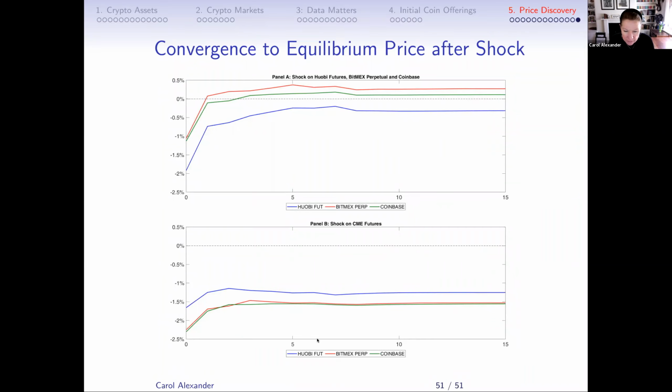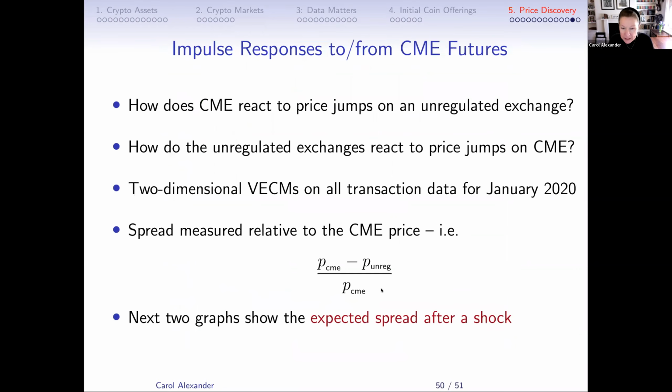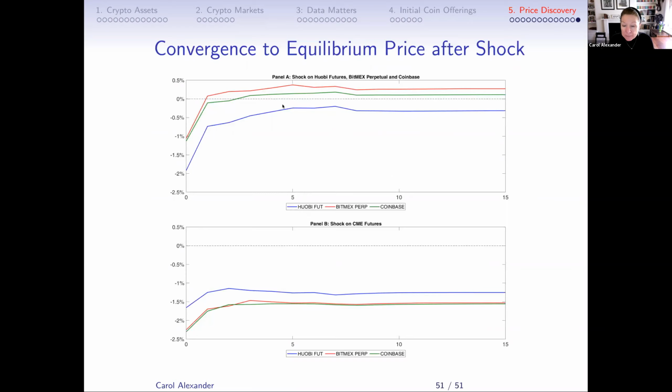Shock on CME futures. So this is the spread between the CME, this is this previous thing here. So this is really measuring what the CME price is doing. That's why I haven't shown it here or here, because this is the spread from. And so the fact that they don't all settle down to exactly the same level is because, let me think, this is quarterly.